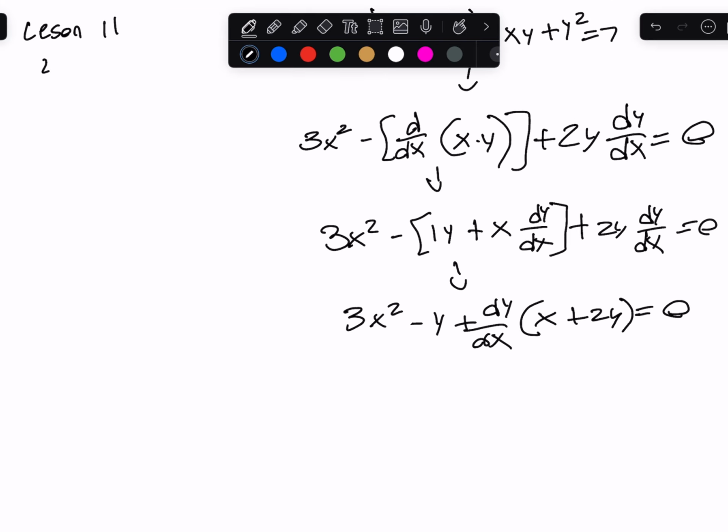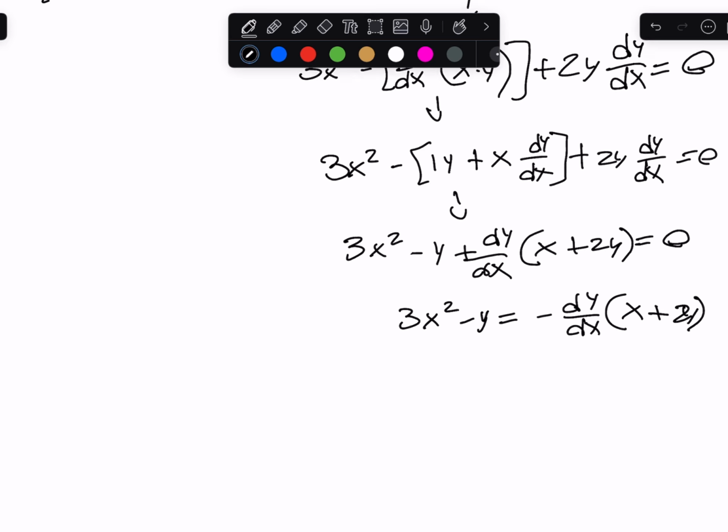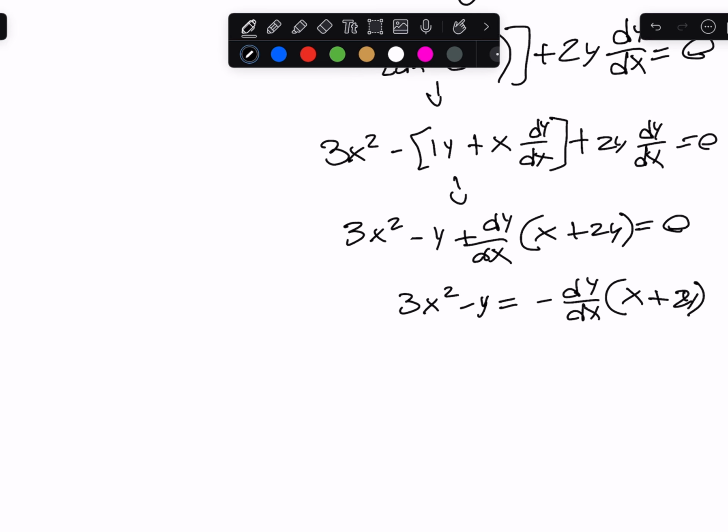Now we've got to separate the equation. So you get 3x squared minus y equals minus dy over dx, parentheses x plus 2y. And now we also have to get dy over dx by itself on that side.